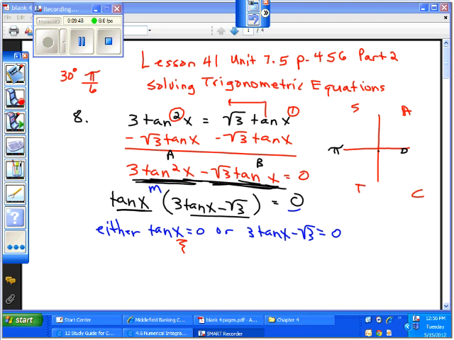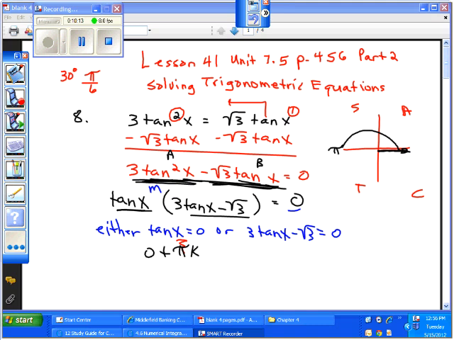We start at 0. That's the first time that the tangent of something is 0. And then we want the plus pi k or the plus 2 pi k. How far do you have to go until you get 0 again? Only pi. You don't have to go 2 pi. So you're going to have plus pi k.